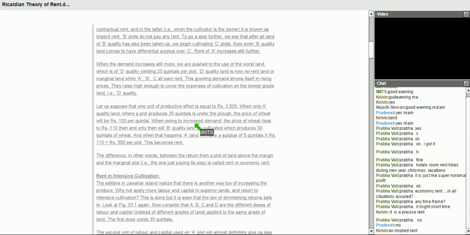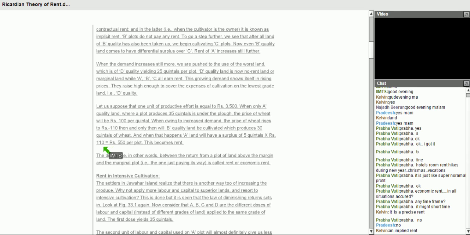Now, when owing to increased demand, the price of wheat rises to 110, then only will B quality land be cultivated, which produces 30 quintals of wheat. So the cost will be 30 into 100, that is 3,000. And when that happens, A land will have a surplus of 5 quintals, that is 5 into 110, that is 550 per plot.